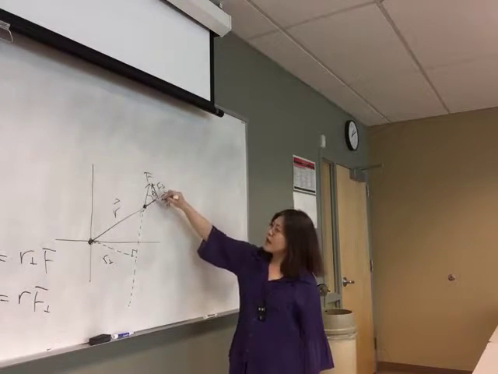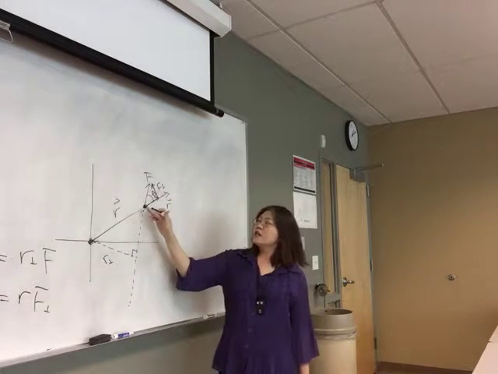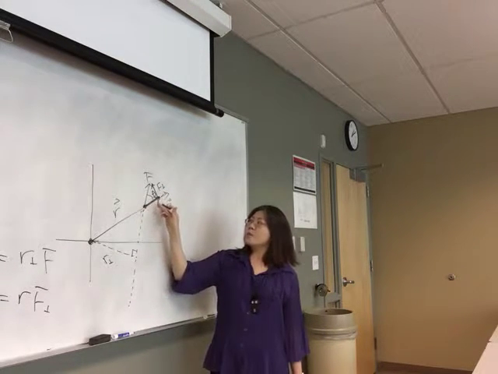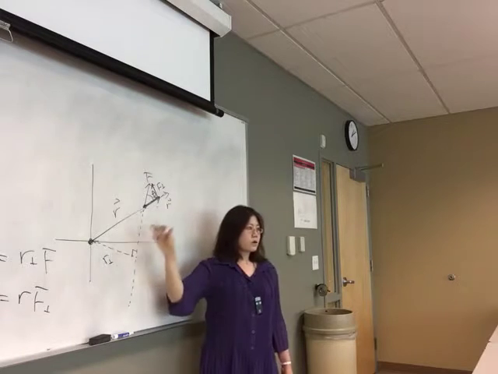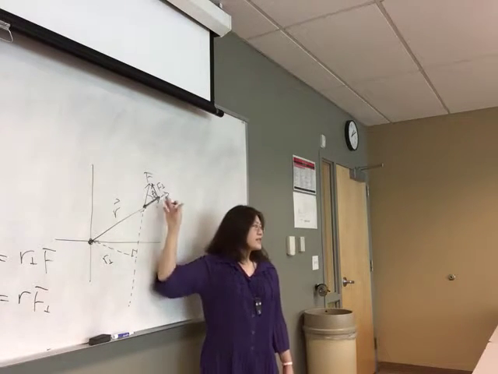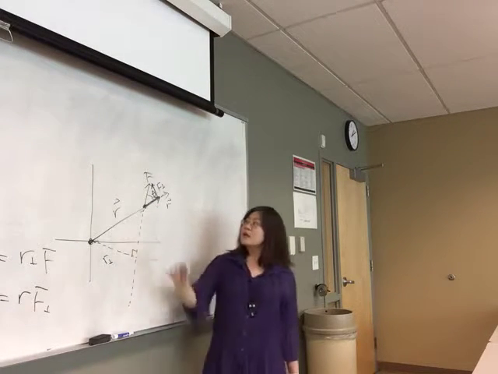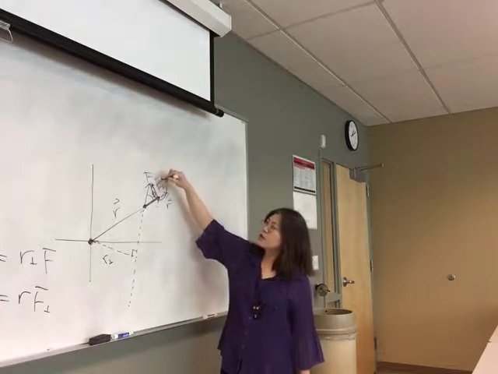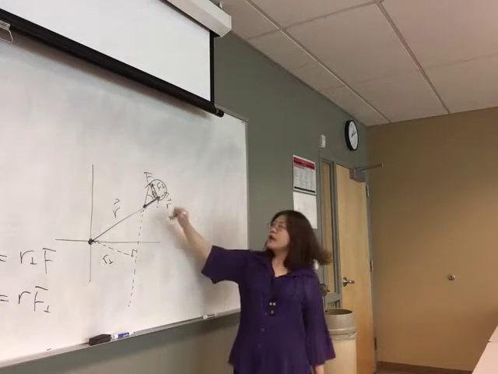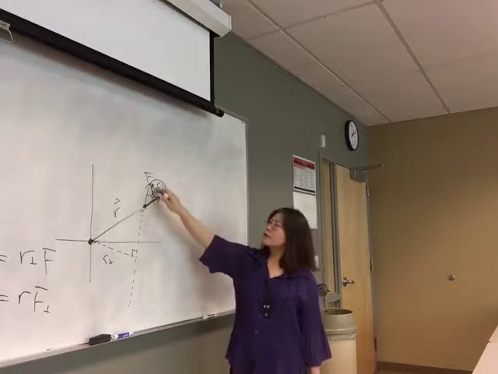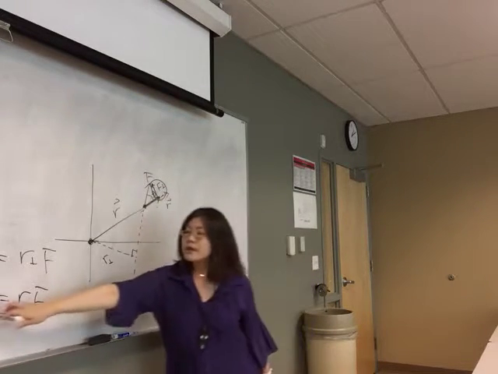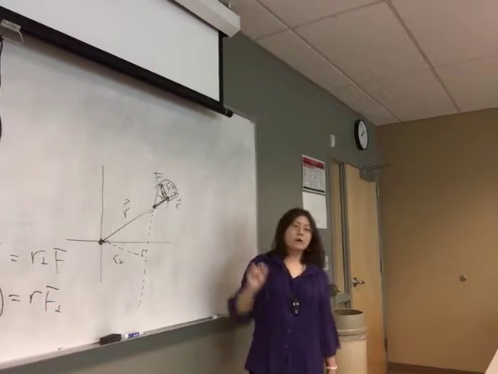You have a force component in this direction, but you can see that this component does not provide any torque because it's along the same direction as the radius. The only component that produces torque is this. So now you have F times sine theta, and then times your R.